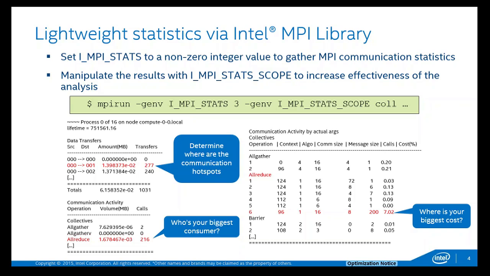So you have to really know what you're parsing for in order to extract the information that's important to you. It also gives you information only about your MPI communication. If you have a hybrid application, it doesn't give you any information about what kind of OpenMP threading you're doing internally.